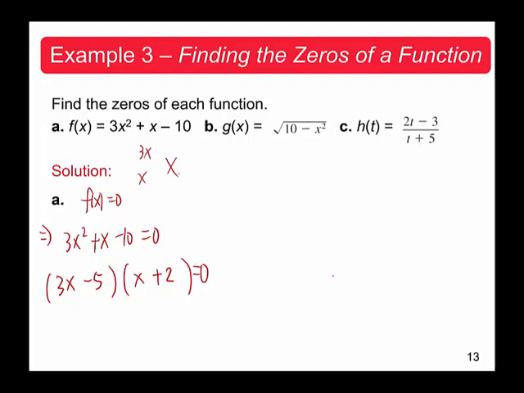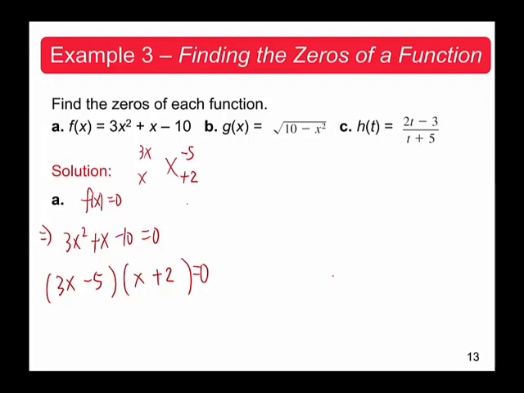There's a couple ways of breaking down that, and we're not guaranteed that we're going to end up with the middle term. So what we can do is put -5 here, put positive 2 here. -5 times positive 2 is -10. 3x times x is 3x squared.